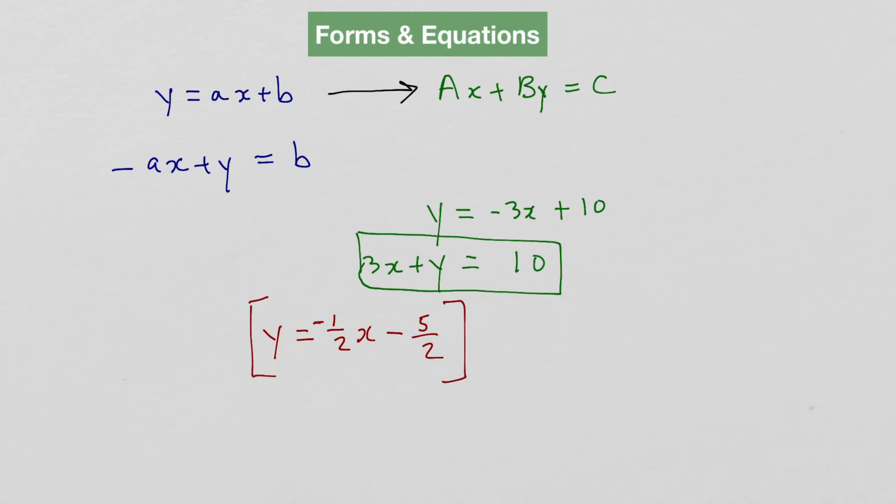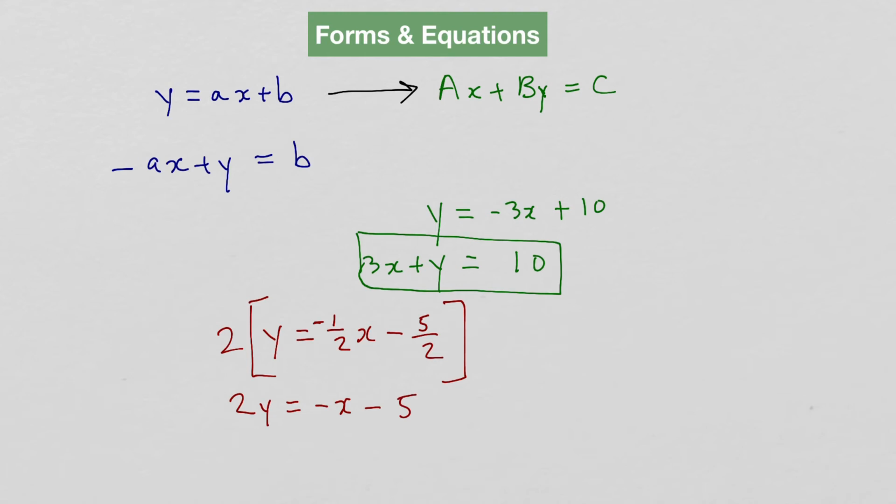This means that we're going to need to distribute 2 times y, 2 times this negative 1/2 x, and 2 times this negative 5/2. So if we distribute that through, we get 2y is equal to negative x minus 5.